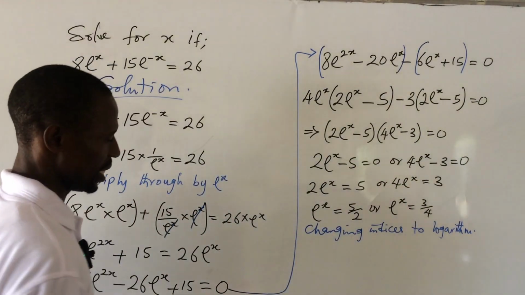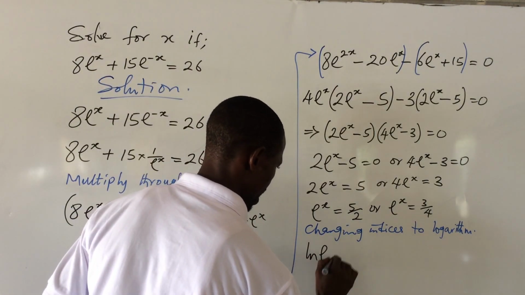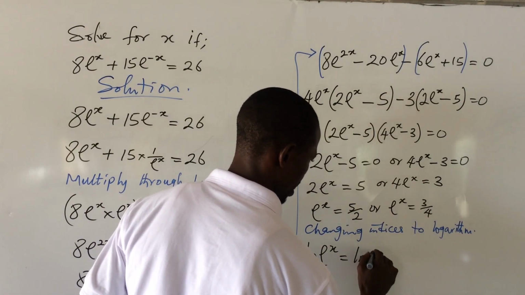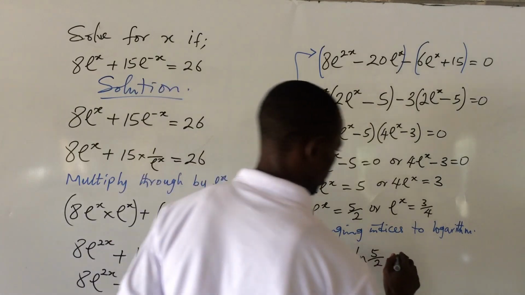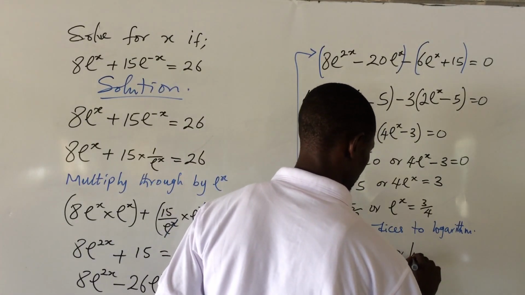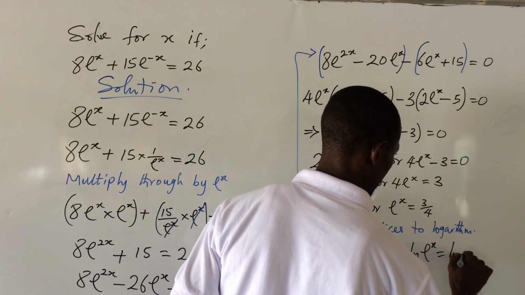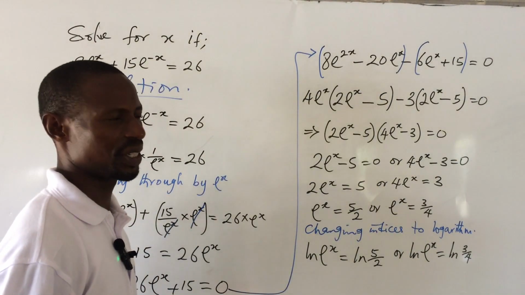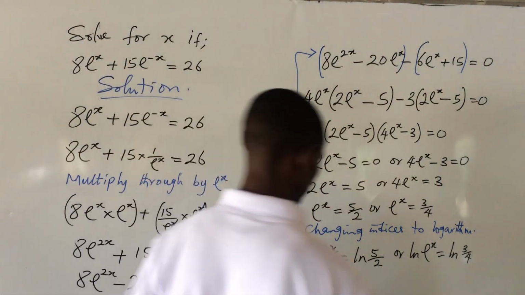So if we change these indices to logarithm, this will now give us ln eˣ = ln(5/2), or here we're going to have ln eˣ = ln(3/4).